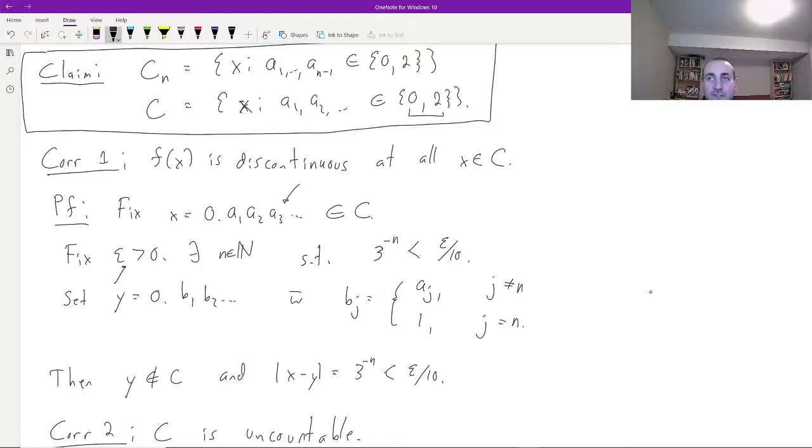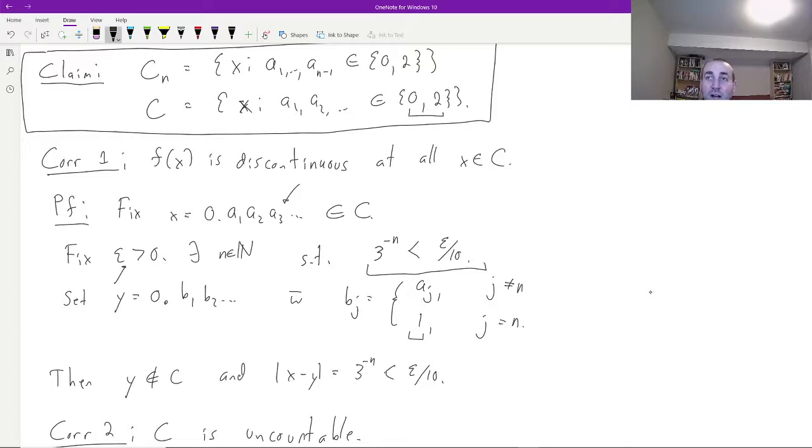Well, there certainly exists some natural number n, so that 3 to the minus n is much less than epsilon. And then I'm going to find my new point y to have this ternary expansion b1, b2, and so on, where bj is equal to aj for all j's except for n, and for j equal to n, I let bj be equal to 1. Okay.